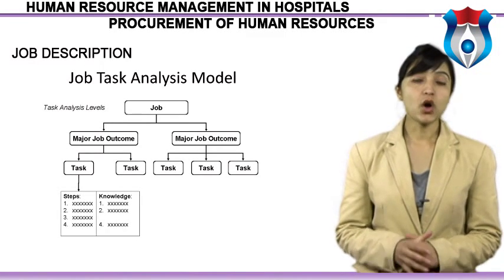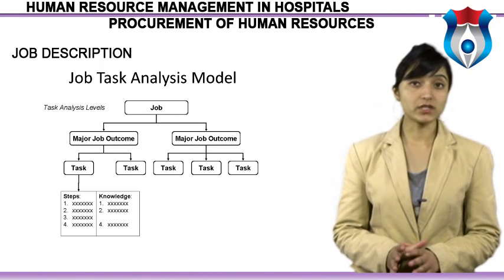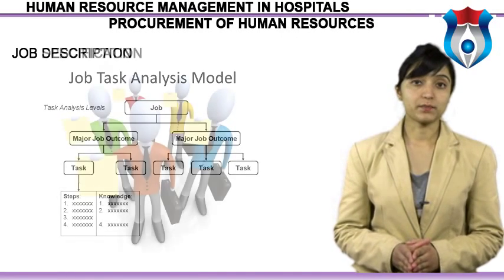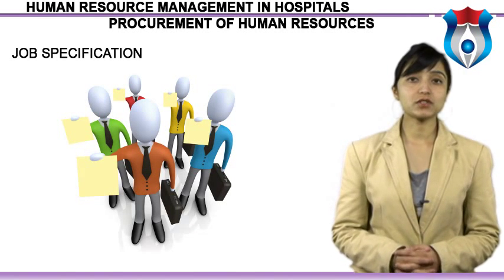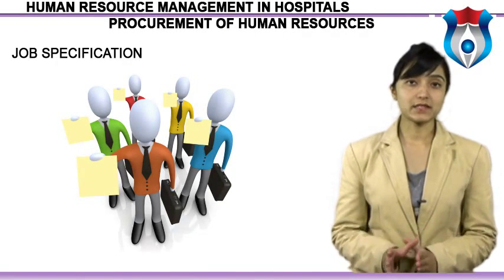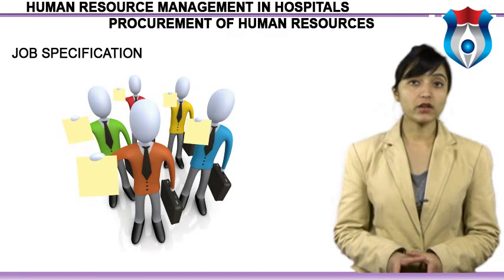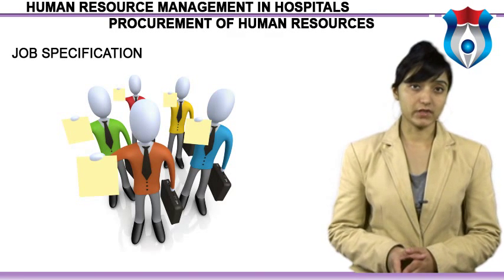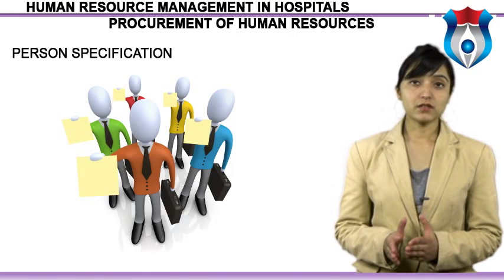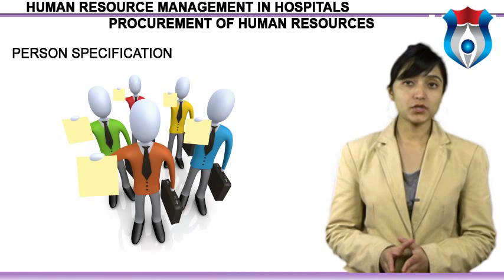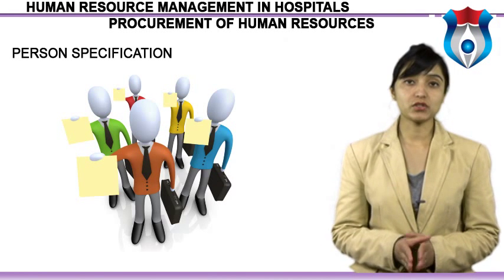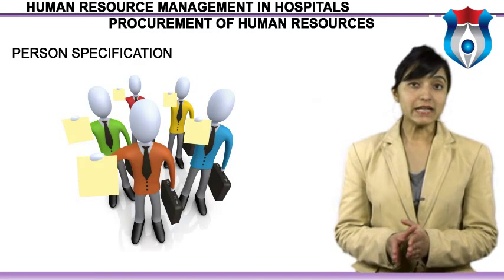It should indicate what is to be done, how it is done, and why it is done. Job specification. Job specification is a statement of the minimum acceptable human qualities required to perform the job effectively. Person specification. Person specification is the interpretation of job specification in terms of the kind of person needed to perform the job effectively.